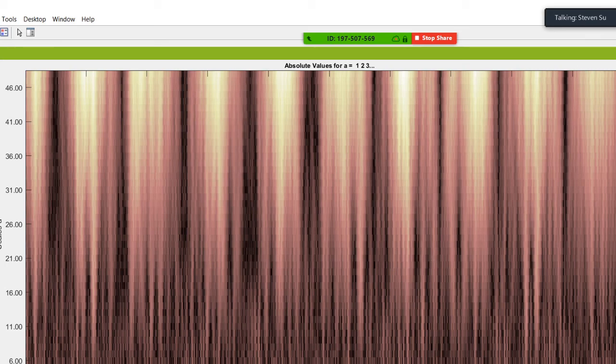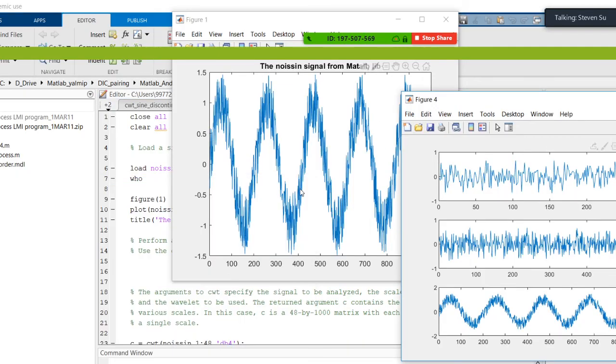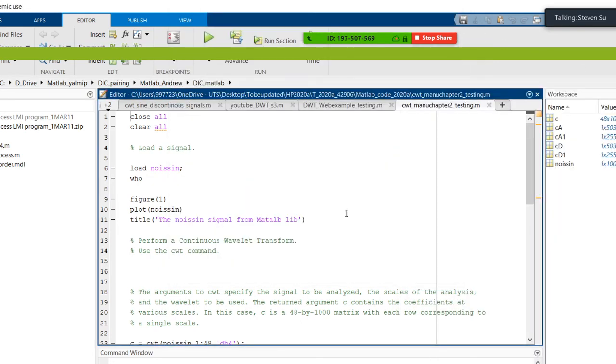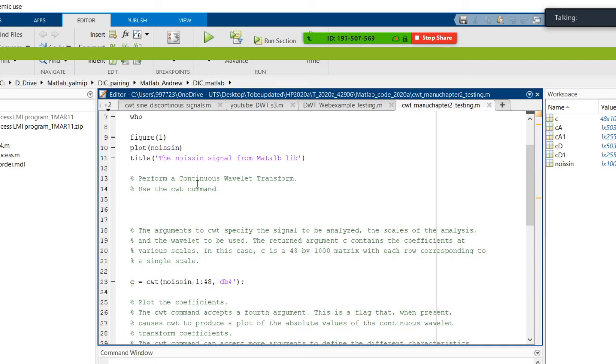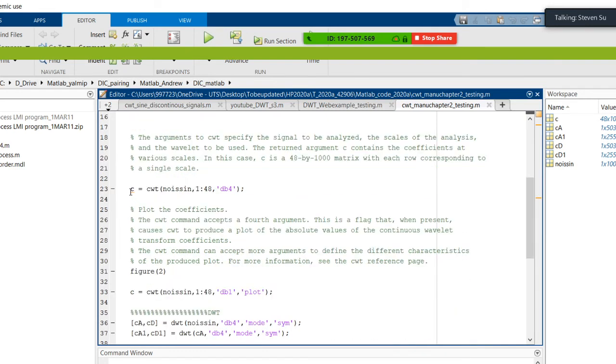You can also join in. For this one, it's very easy. With just one command, you can implement CWT. You can see here I use CWT, and this is the input signal, and I use the Daubechies 4 wavelet.